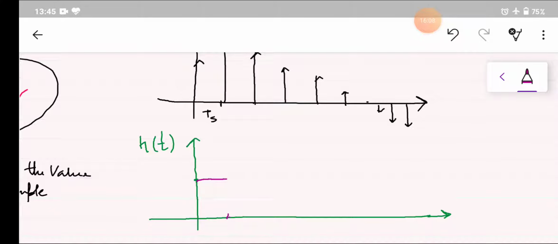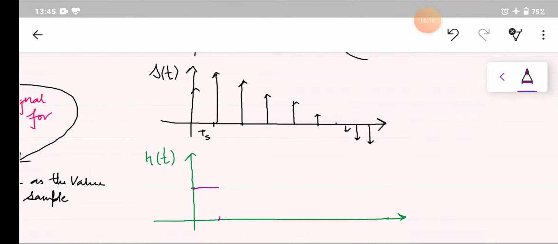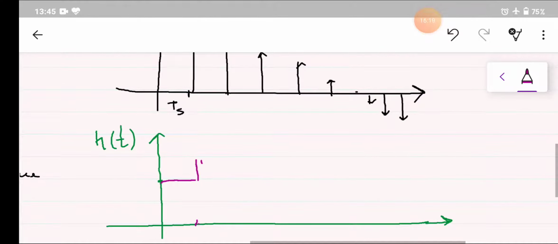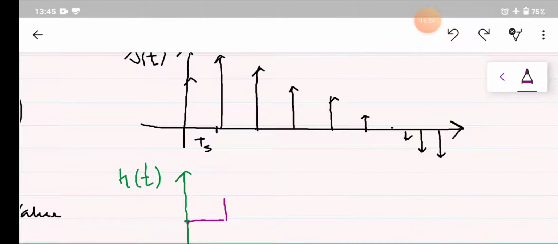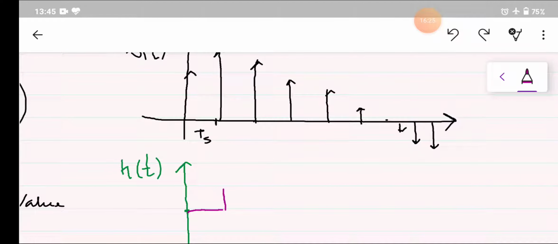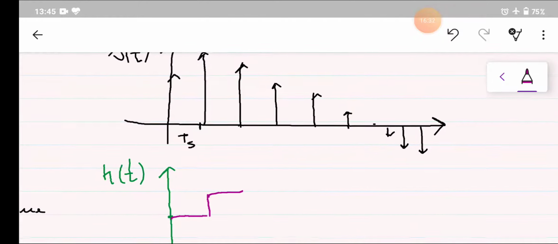Okay, now for the next time the value will go up and it can hold the value up to the next sampling, or the next sample, as the next sample will come.